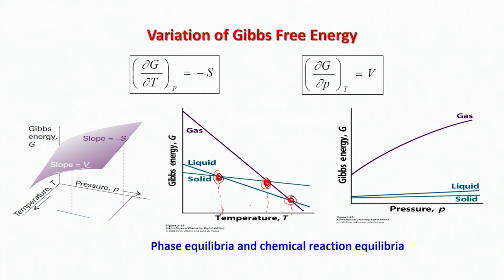So, this is the temperature of sublimation, and it is at this temperature that the liquid and the gas phase can coexist in equilibrium, and this is the temperature corresponding to boiling of the liquid.